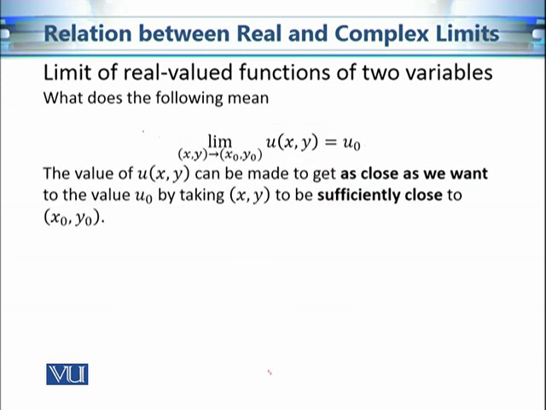In other words, the functional values u of x,y can be made as close as we want to the value u0 by taking (x,y) sufficiently close to (x0,y0). Whenever we are approaching this point (x0,y0), the functional values are extremely close, as close as we want to this value u0.